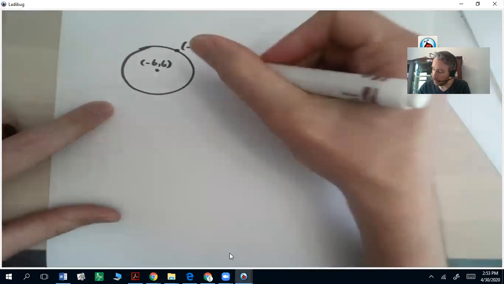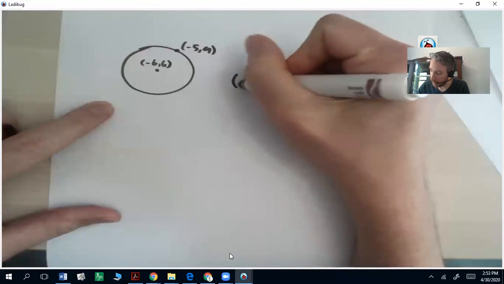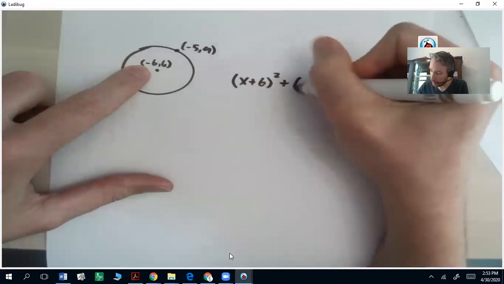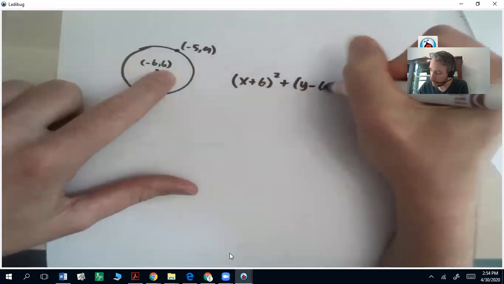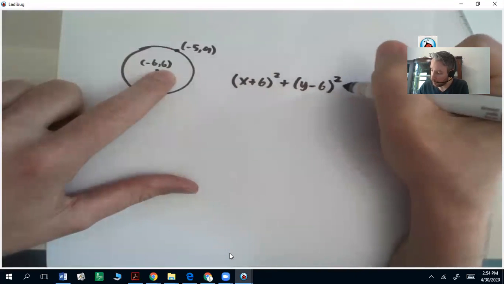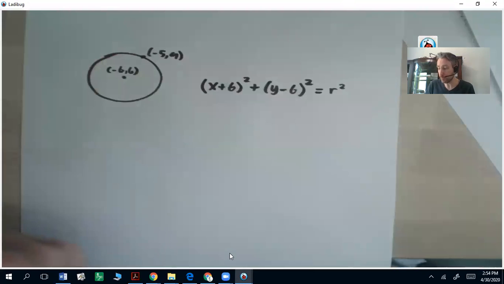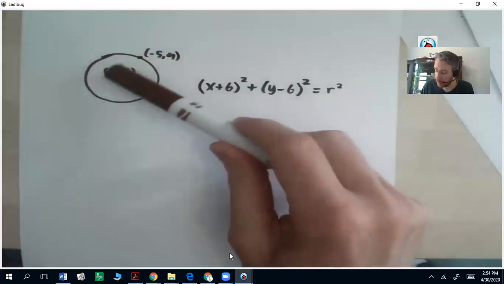Then the first thing I'll do is I'll say my formula is going to be (x plus 6), switch the sign, squared, plus (y minus 6), switch the sign, squared. But I don't know what the radius is, so I'm going to leave that as r squared. Now I can get the radius a couple different ways. I can use the distance formula between these 2 points.